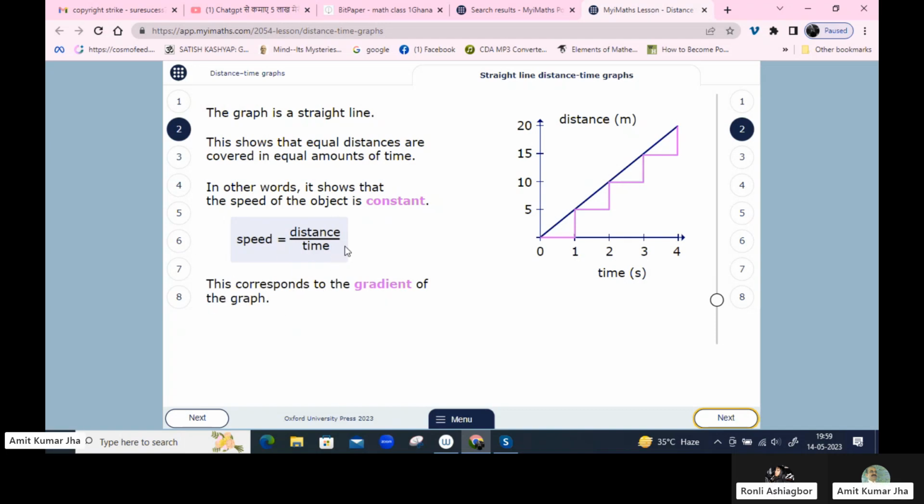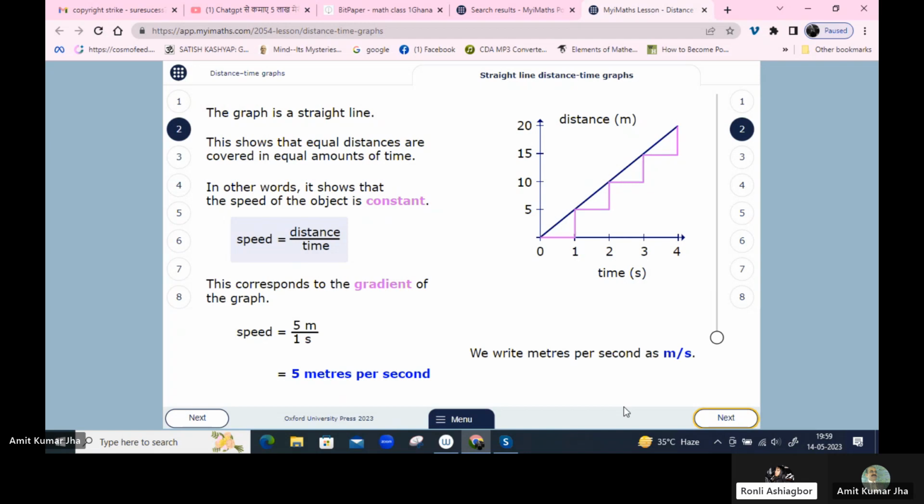Speed is equal to distance by time, and speed is also known as gradient. Speed here is 5 meters in 1 second, so 5 meters per second. We write meters per second as m/s.